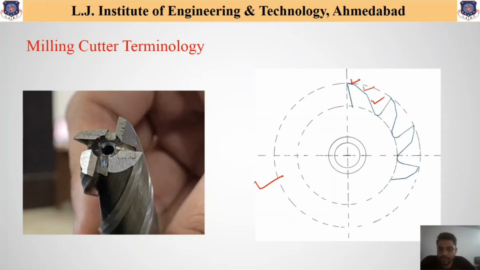Now if we see the simple terminologies available in a milling cutter, we will start with the basics. First, as you can see in this figure, this internal section forms one circle and this circle is called the root circle, and its diameter is called the root diameter.